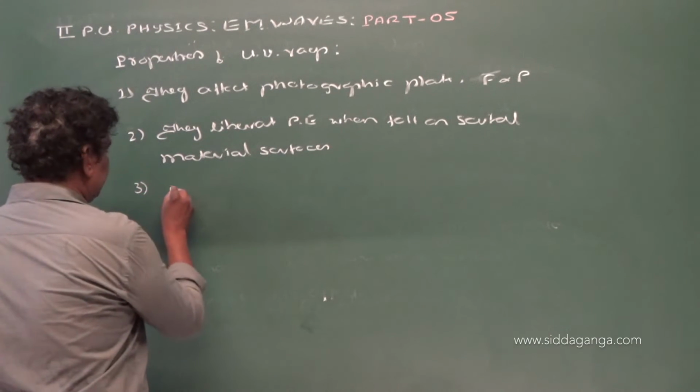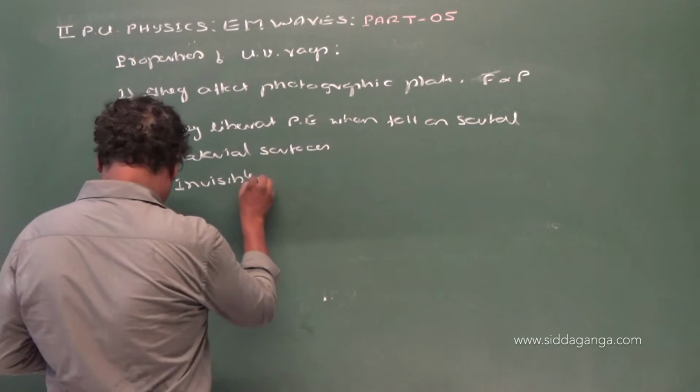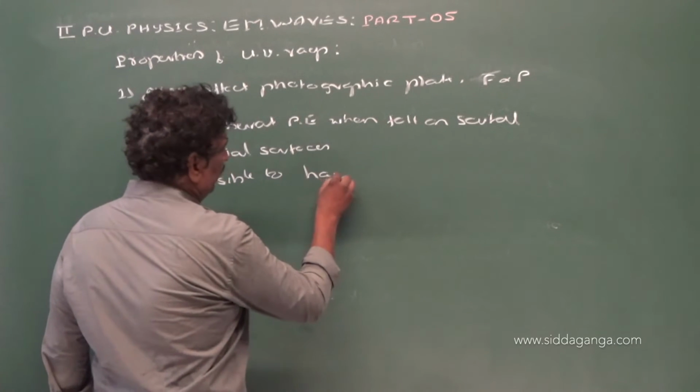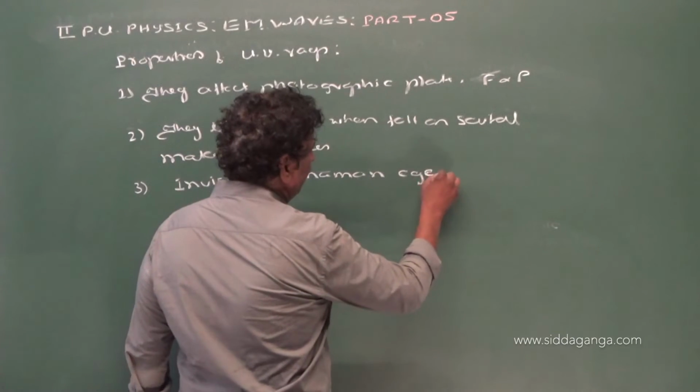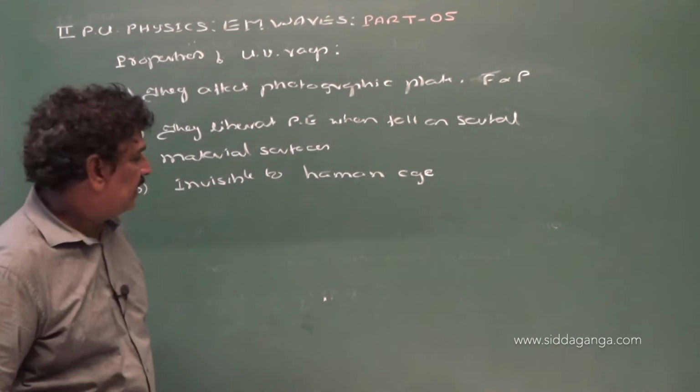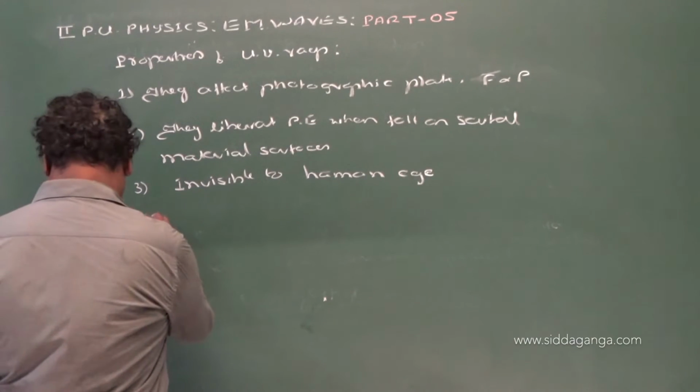Now, these radiations are invisible to the human eye. The human eye cannot detect this ultraviolet radiation.